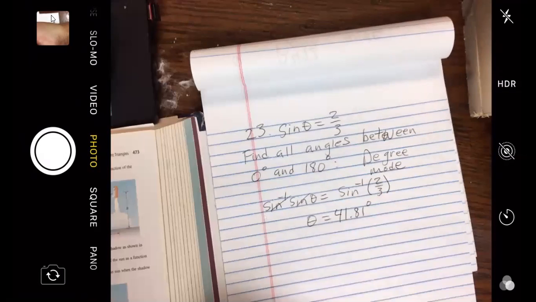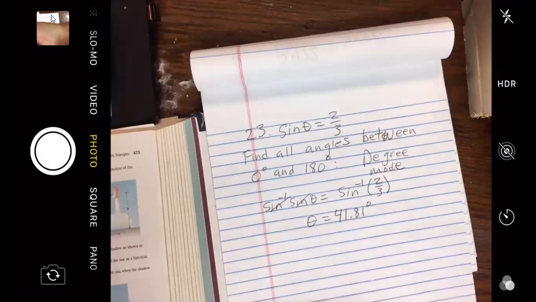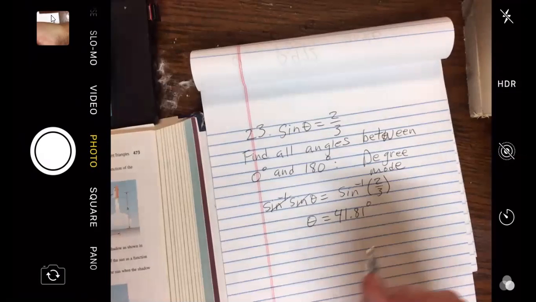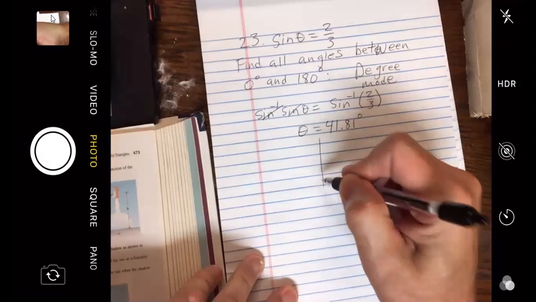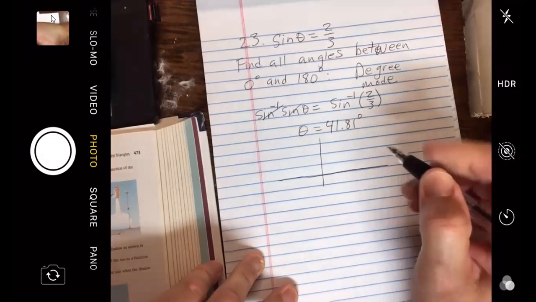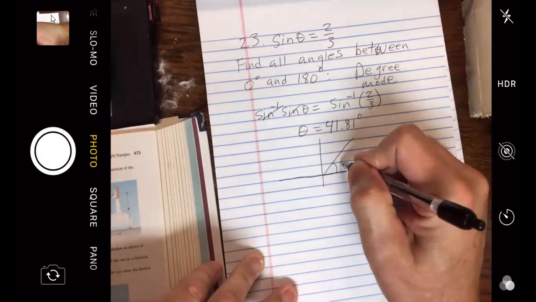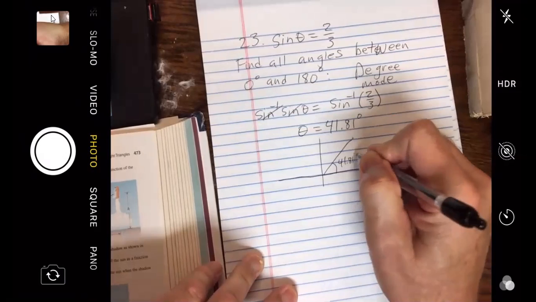Okay, this is where things get technical. And again, the diagrams to me help. 41 degrees in the first quadrant, 41.81 degrees.